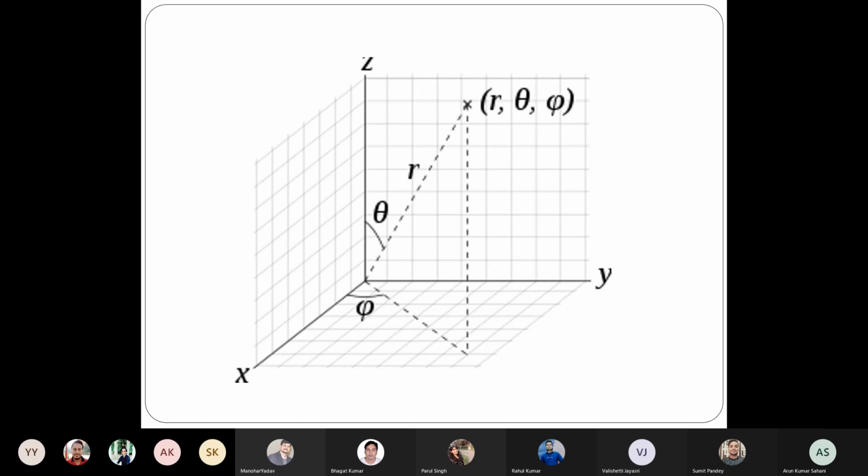Similarly, using the theodolite, you need to measure two angles from the vertical axis and from the horizontal axis. Like in this case, theta is measured from the vertical z axis and phi is measured from the horizontal x-axis.